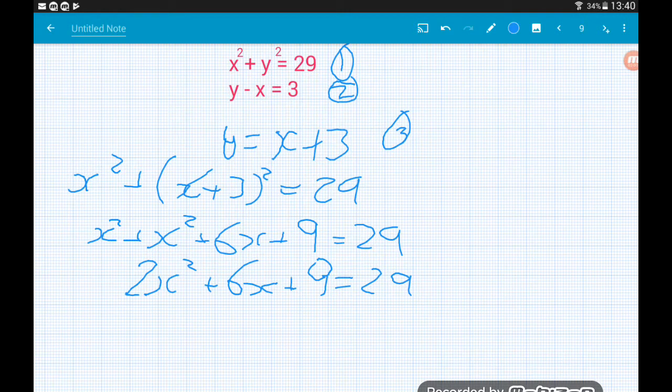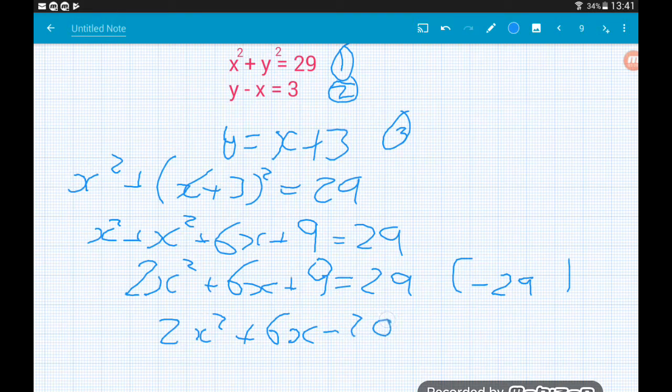So we're playing with a quadratic again, so we need everything to be on the same side together, and a 0 on the other side. So let's take away that 29. Then we'll be left with 2x squared plus 6x. Now 9 minus 29 is going to give us minus 20 equals 0.